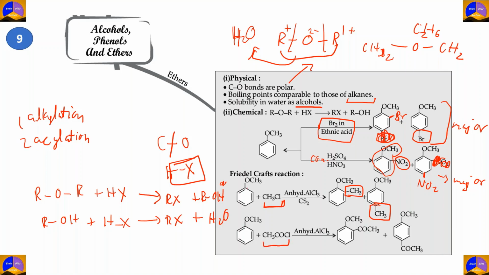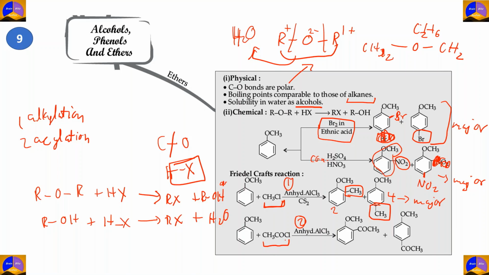So this is alkylation and this is acylation. In alkylation, they form methoxytoluenes, and since it's present in the ortho position, this becomes 2-methoxytoluene, and this becomes 4-methoxytoluene because it's in the para position, and the compound in the para position is again the major product.